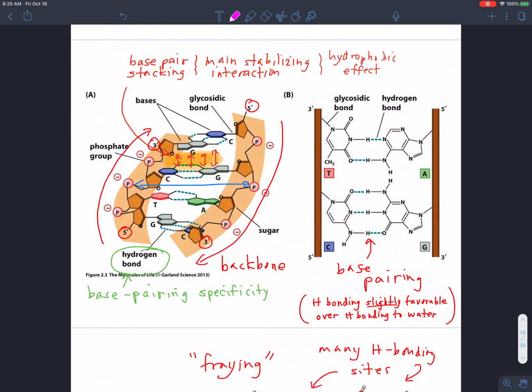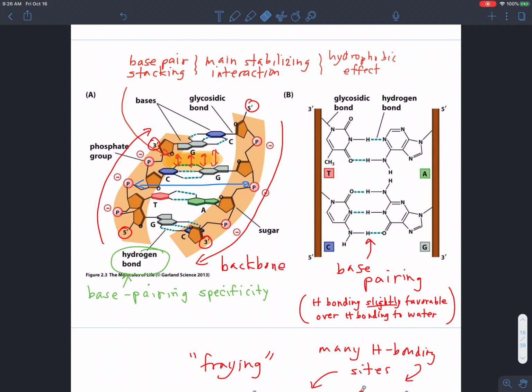Then attached to each of the sugars is a base of some kind, and then the bases on the opposite strands are hydrogen bonded to each other. And that's, of course, a type of molecular recognition, an internal type of molecular recognition. We won't talk about that too much because I think it's pretty obvious and everybody understands it, but it is an example where hydrogen bonding plays a role in the specificity.